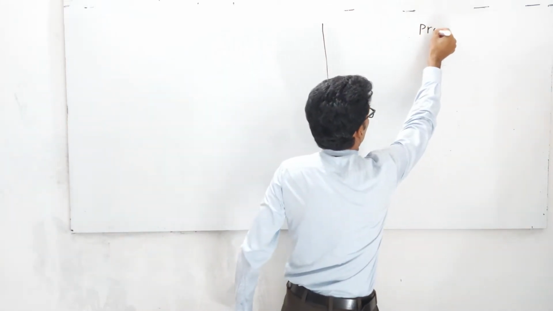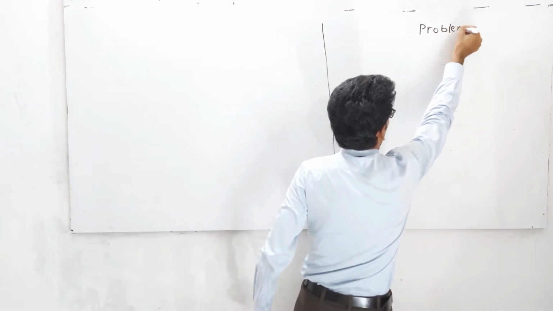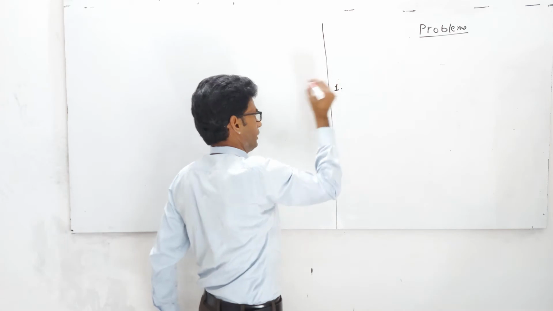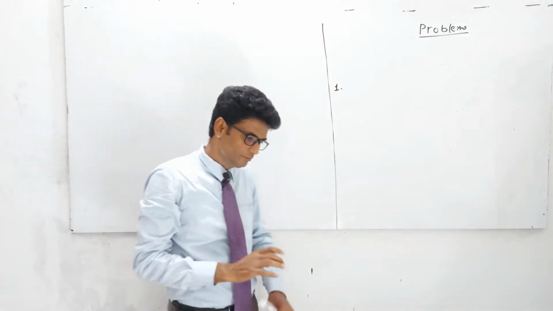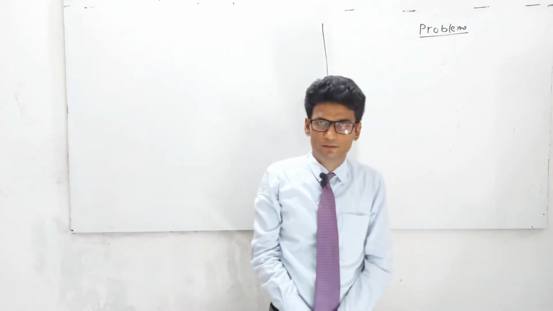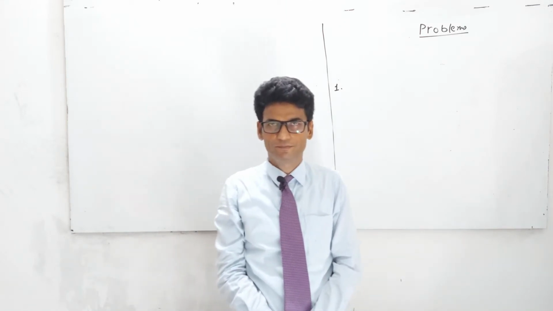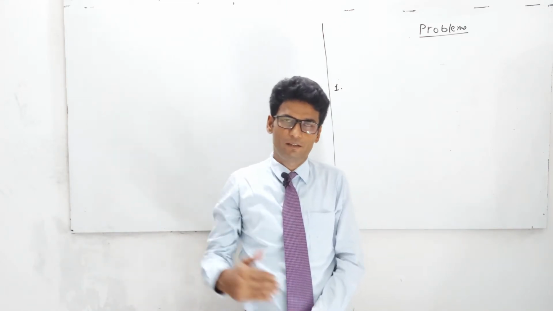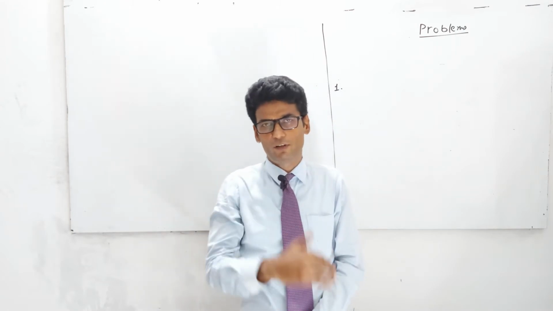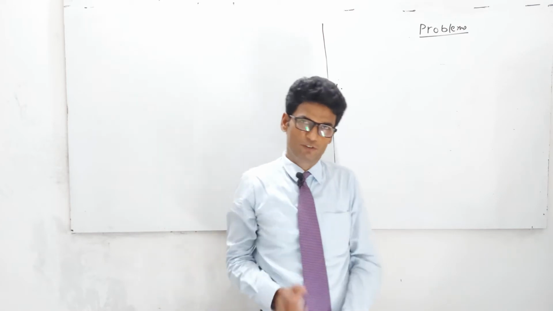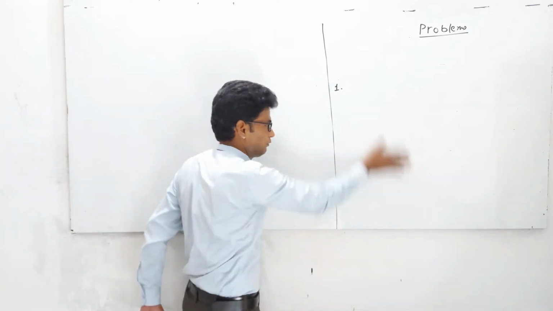Problems. Say problem number 1. There are two aeroplanes flying in the vertical plane. Look at the board. So board is supposed to be a vertical plane.